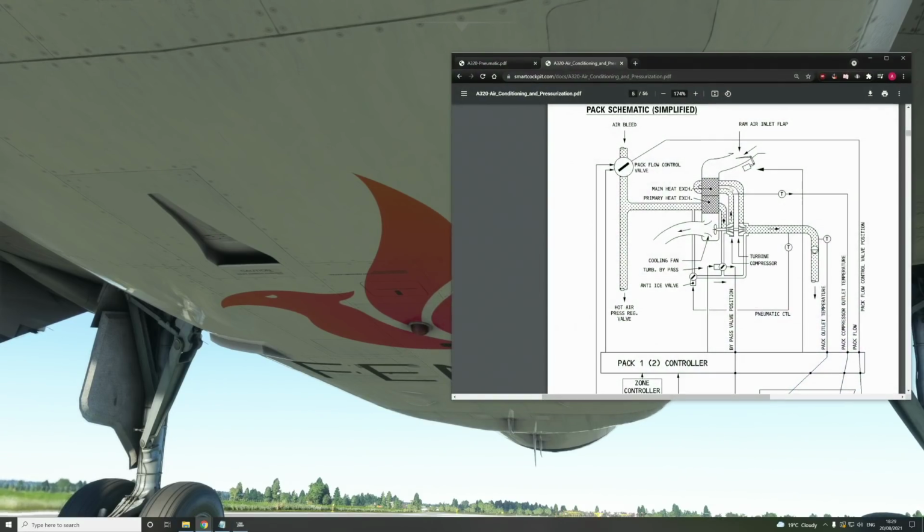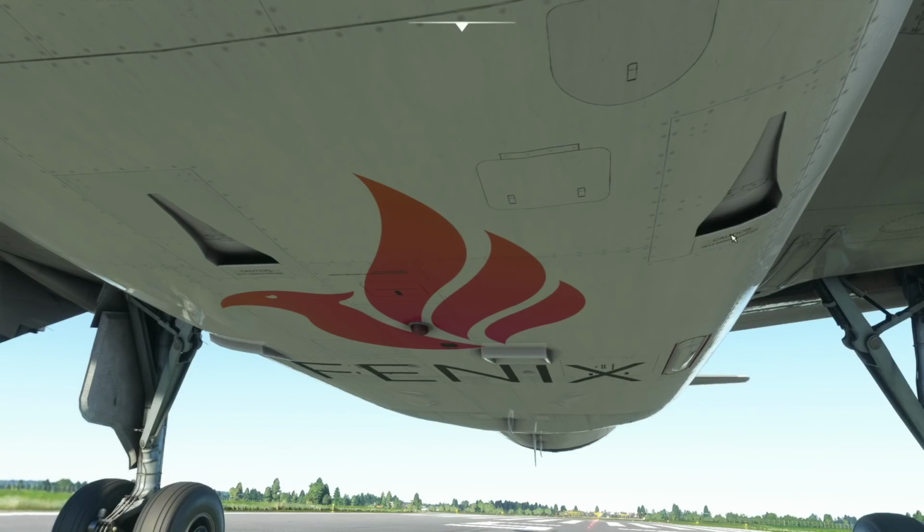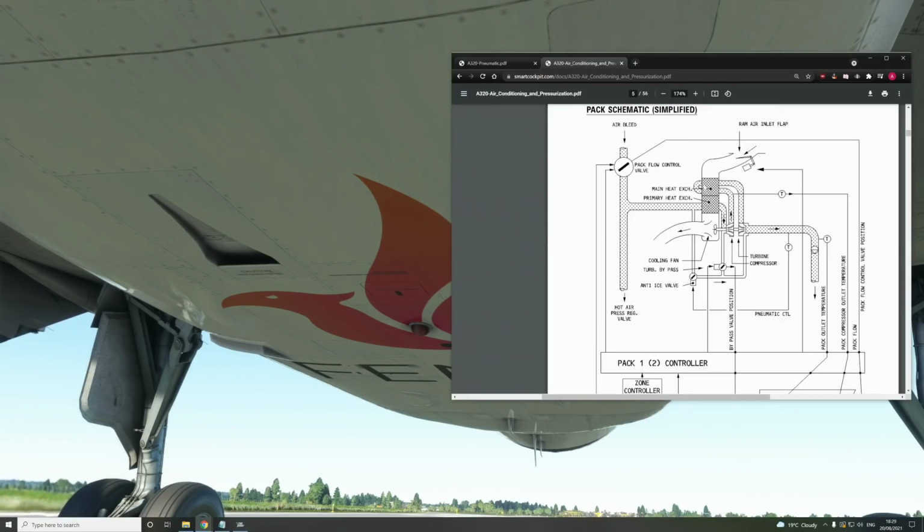It was only upon diving into some pretty obscure documentation that we realized there is actually a fan in there, and that fan helps suck air in through these ram air inlets when the airplane needs to bring some air through this duct for these heat exchangers.